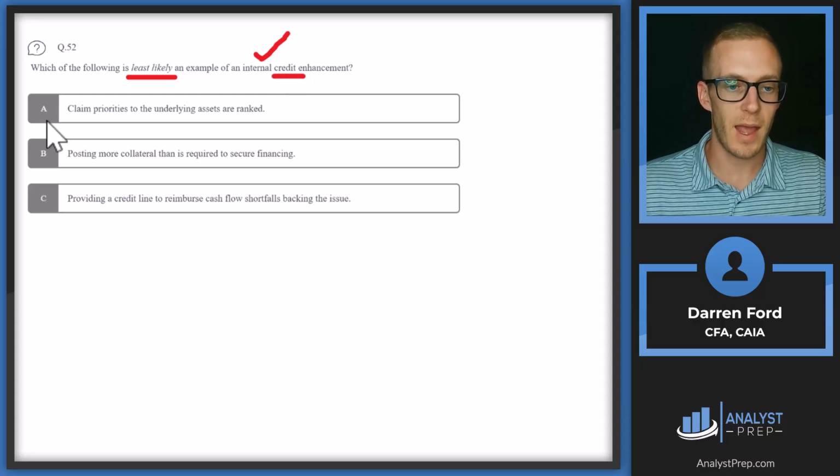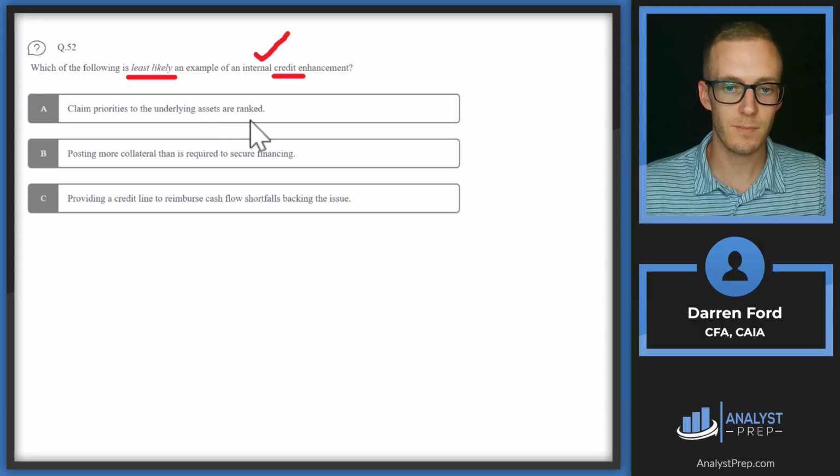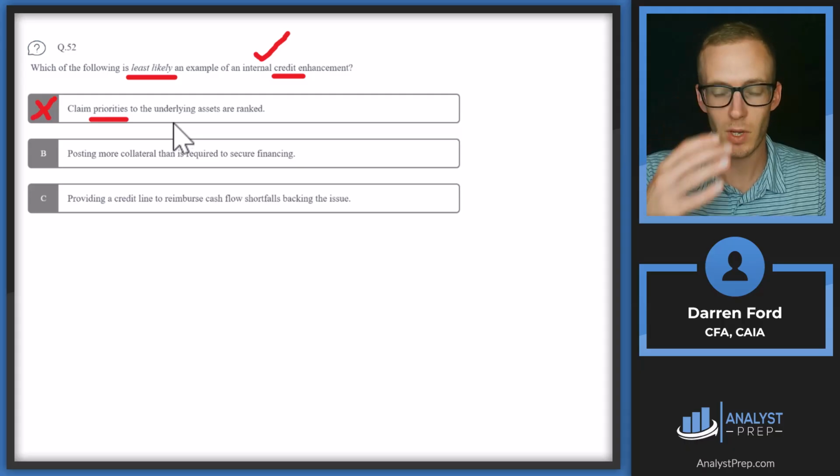So looking at these, we've got A, claim priorities to the underlying assets are ranked. This is going to be a type of internal credit enhancement. Internally, they decided to tranche out the priorities on the assets, and this reduces risk for investors that are higher up in the capital structure.